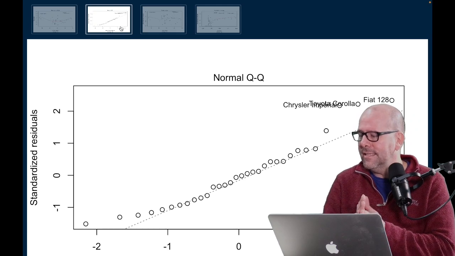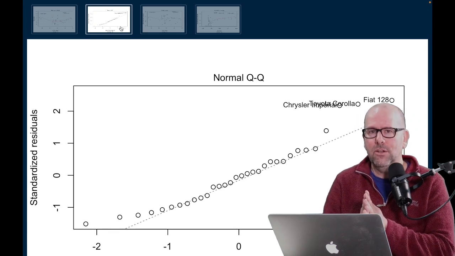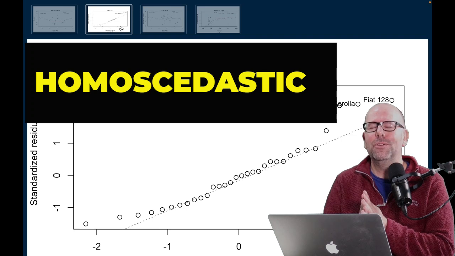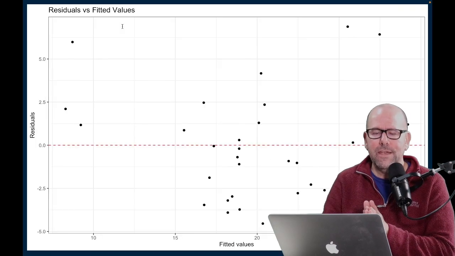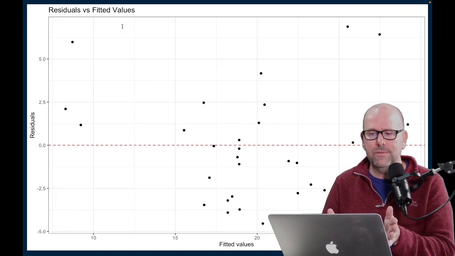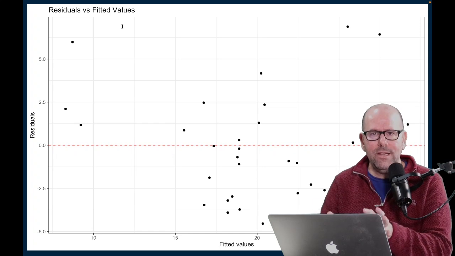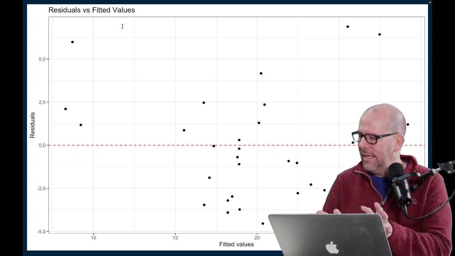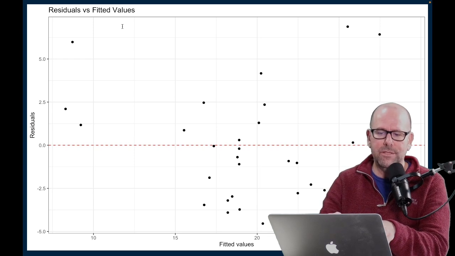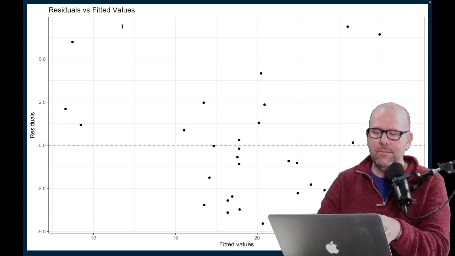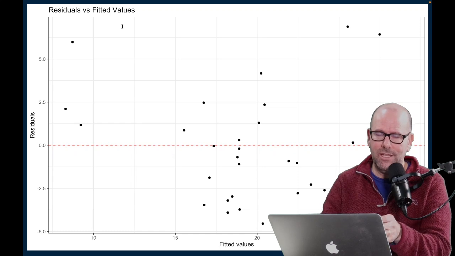The next assumption about the residuals is that they're homoskedastic, or have homoskedasticity, and that is that the variance is evenly distributed across all the fitted values. So again, your visual clue here is that the plot of the residuals versus fitted is random, exactly what we were saying earlier.